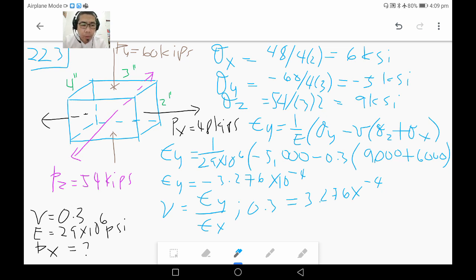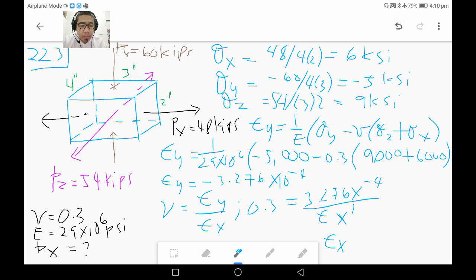And this is, pwede nating sabihin to na strain X prime. No, kasi bagong X na yan eh. Hindi siya katulad ng X na una nating ginamit or yung X na given, no? So this is X prime. Since meron na tayong value ng Poisson's ratio, then therefore strain in X is X prime.